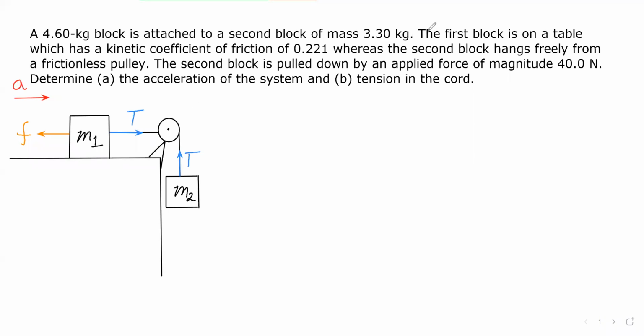Next, M1 is on a surface, so there's a normal force N. We have a weight acting on the block. So this is W1, whereas the weight of block 2 will be represented as W2. So make sure you distinguish between the two masses.